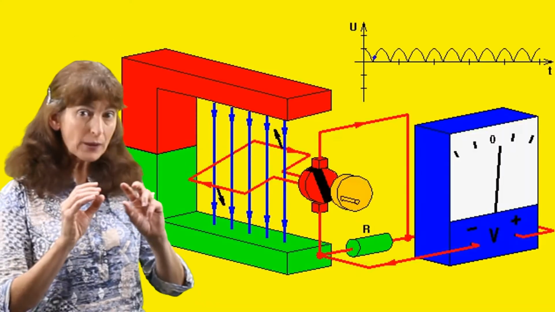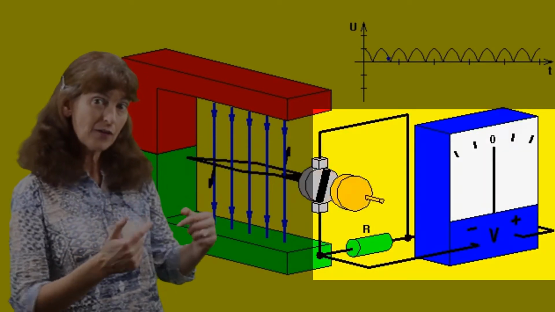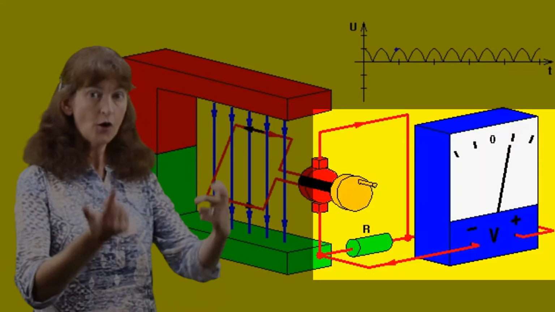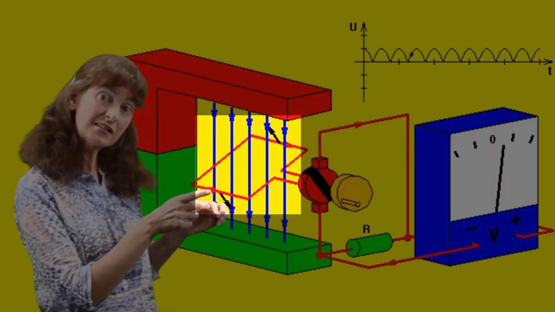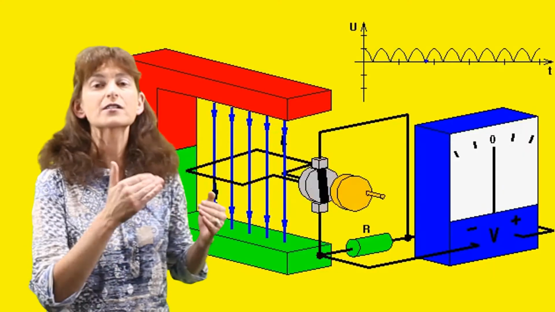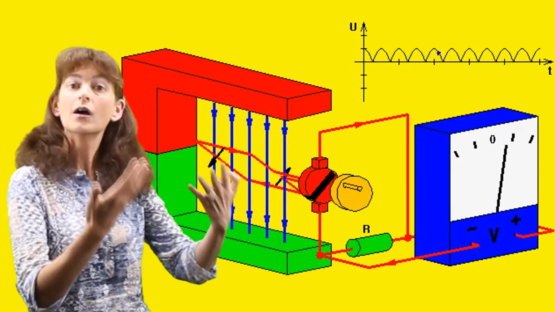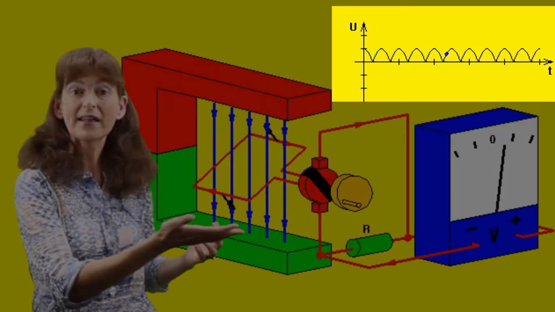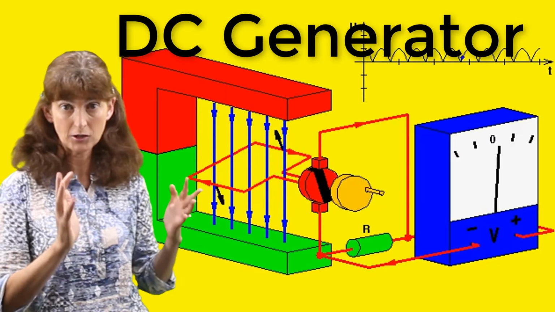And in so doing, that split ring protects the external circuit from the armature's changes in direction of current every half revolution. That's why a split ring commutator allows there to be a direct current in the external circuit, a DC generator.